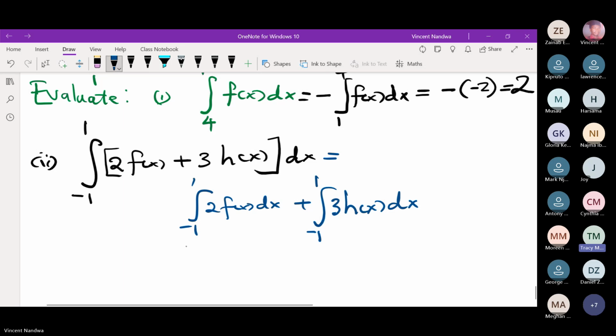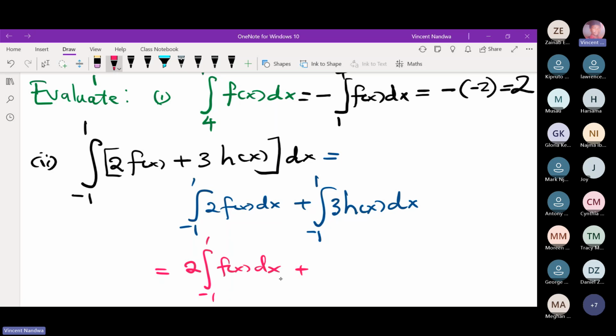We factor out the 2. So I'll have 2 times the integral from -1 to 1 of f of x dx.